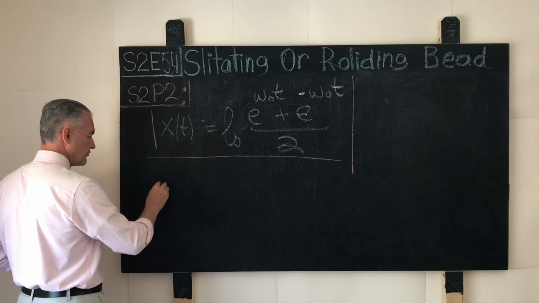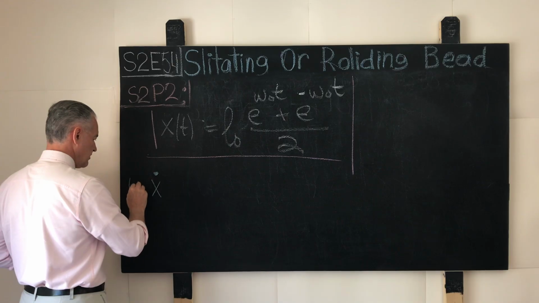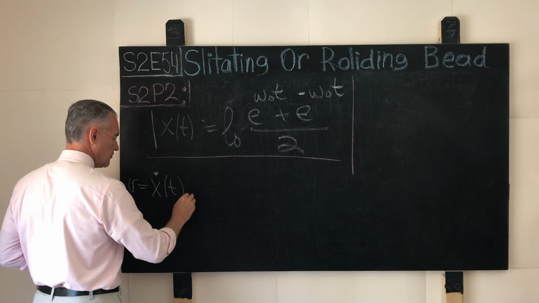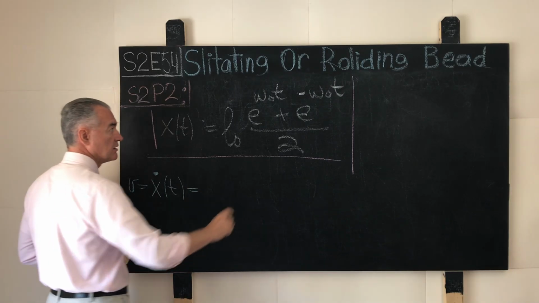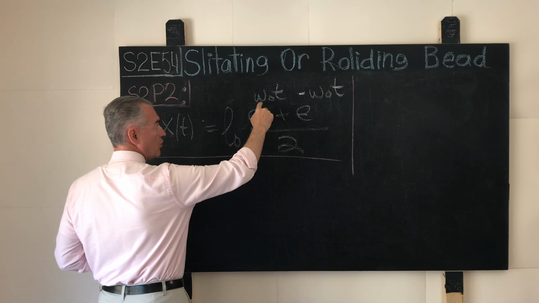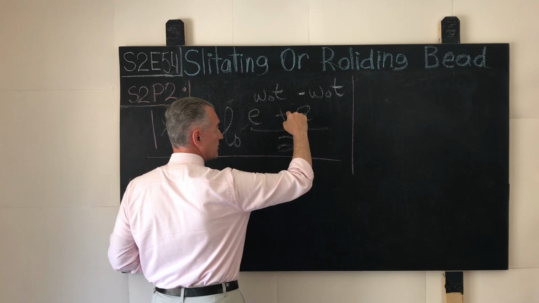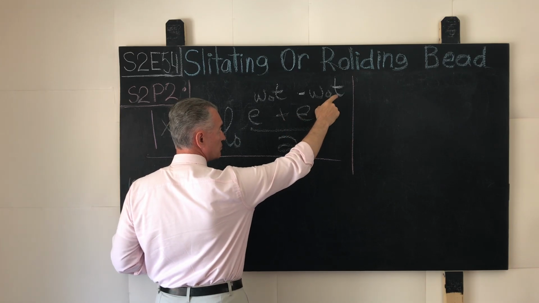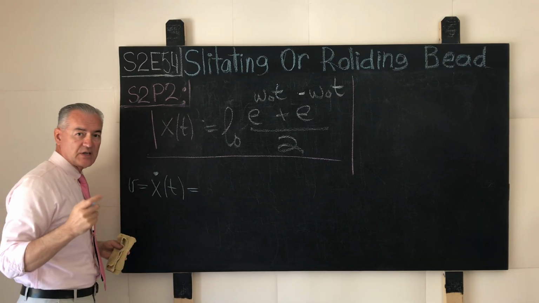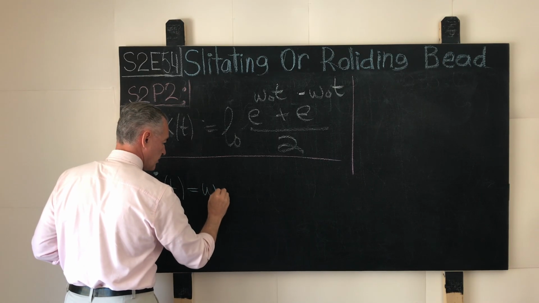The first derivative of x, or let's say the velocity of our moving bead as a function of time, will be given by the first derivative of the sum: omega 0 times the exponent in the first case and minus omega 0 times the exponent. The omega 0 will be one and the same multiplicative constant, so once we factor it out, we will obtain the following expression.